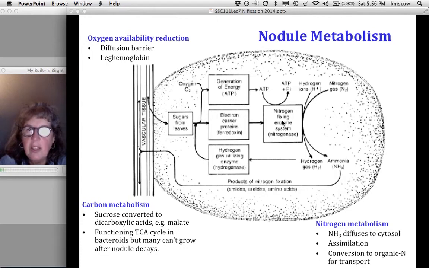So there's two ways these bacteroids help keep the oxygen away. One is physically protecting the actual reaction site for the N fixation through a diffusion barrier where it can't get in. And then the other is that pink color of that leghemoglobin. That leghemoglobin is going to keep the oxygen from being available inside the nodule until it's needed, for example, here at the generation of ATP.